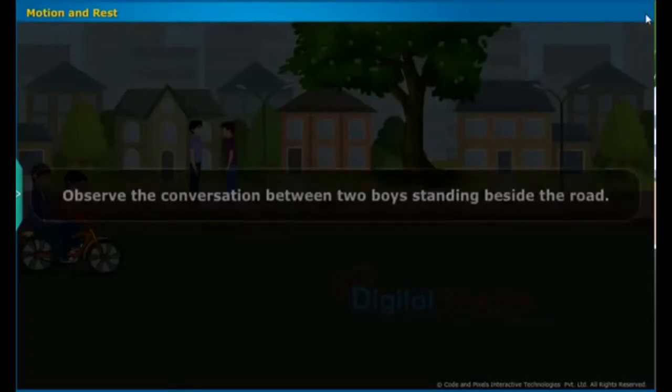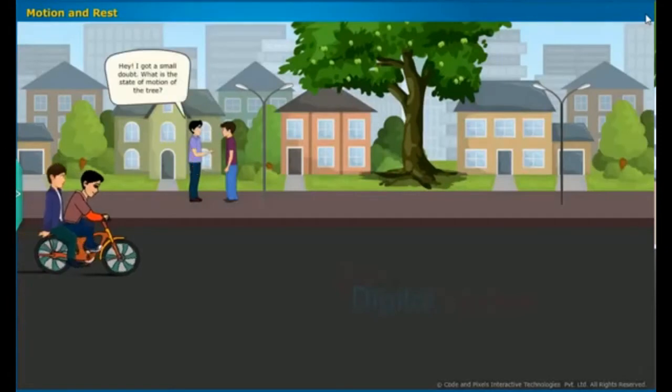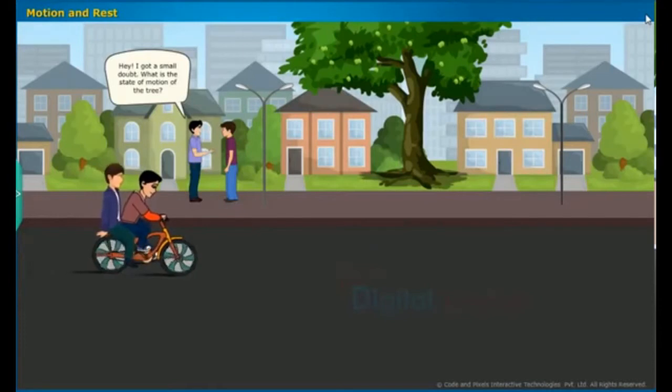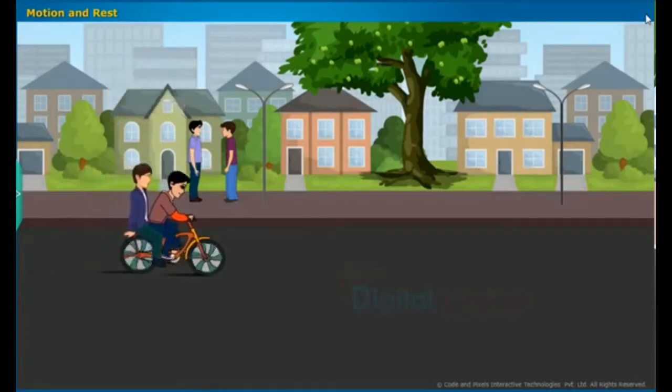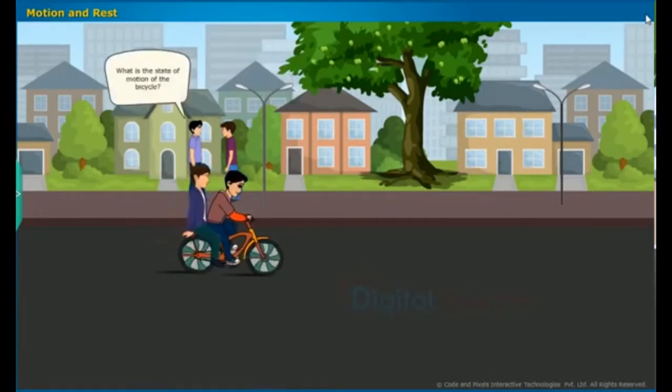To understand the idea of motion and rest, take up the following activity. Observe the conversation between two boys standing beside the road. Hey, I got a small doubt. What is the state of motion of the tree? It is at rest. What is the state of motion of the bicycle?